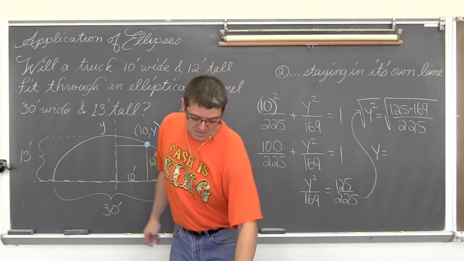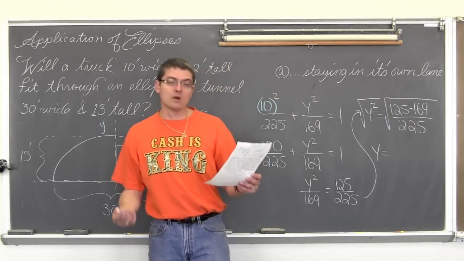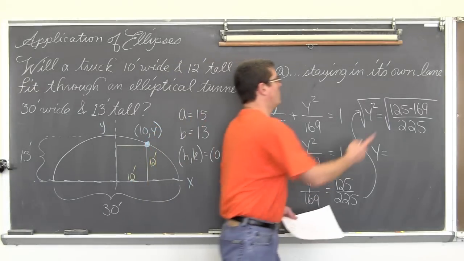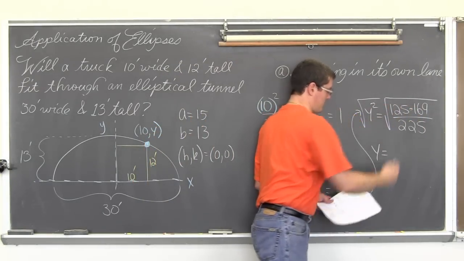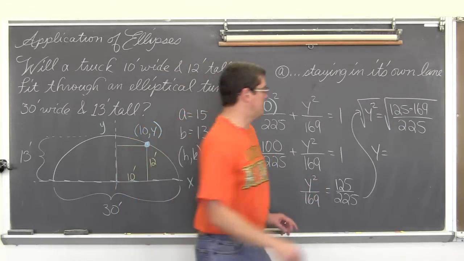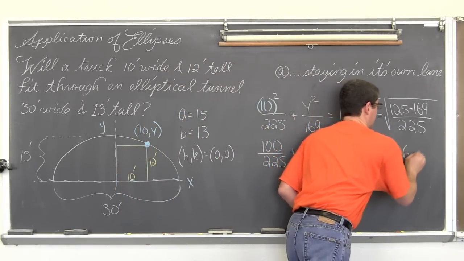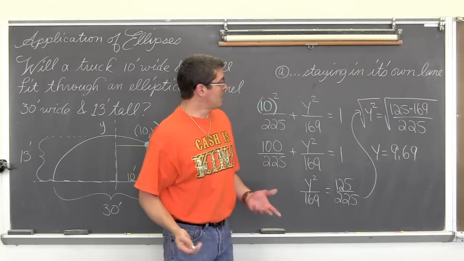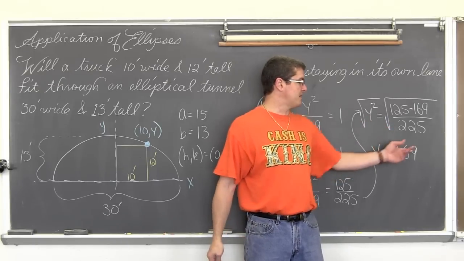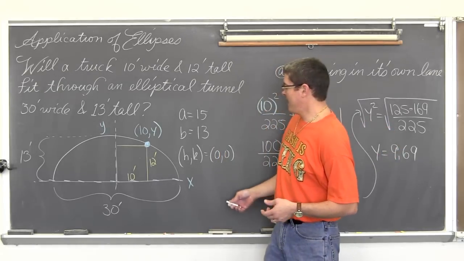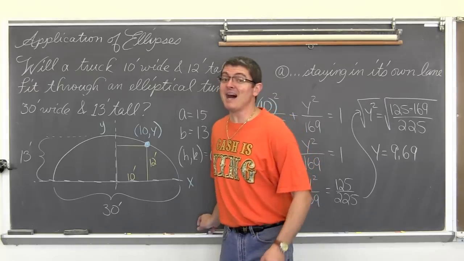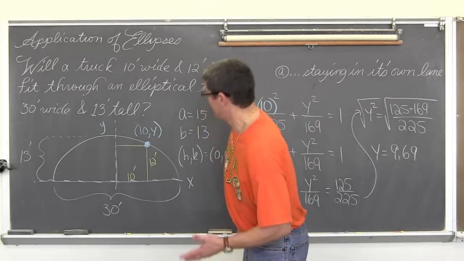And because I kept this in exact form, there's basically zero round-off error until the very, very end of the question. The square root of 125 times 169 over 225 is equal to 9.69. So if the bridge 10 feet away from center is only basically 9.7 feet, and the truck is 12 feet tall, it is not going to fit in its own lane.